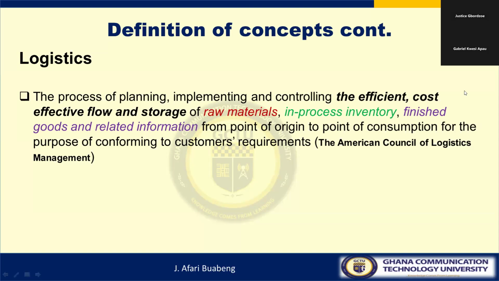Wonderful. Okay, Justice, go ahead. If I may explain, let's assume you buy from a factory and, per their production dates, the goods expire maybe in the next two weeks or so.